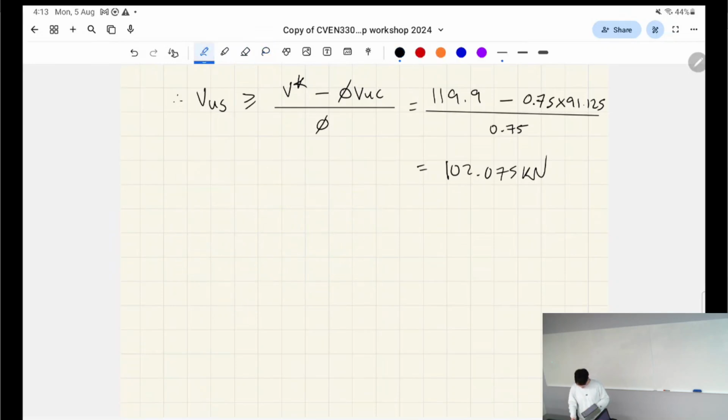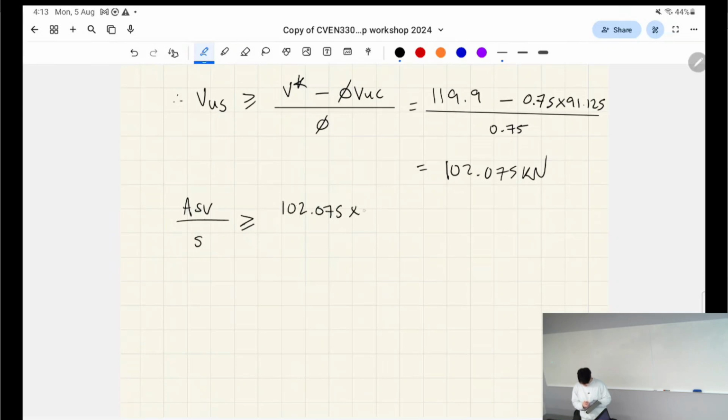So that's what we're going to do. We're going to calculate that stirrup spacing. That's literally as simple as this. Asv, which is the area of the stirrup, over s, which is the spacing, has to be greater than Vus, which is going to be this.